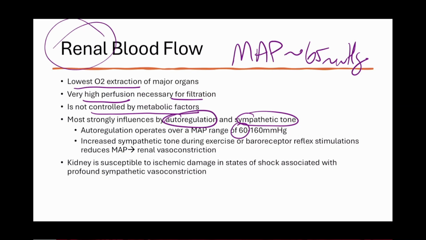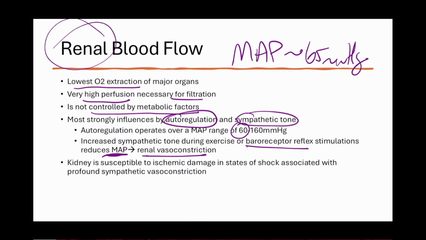Increased sympathetic tone during exercise or the baroreceptor reflex stimulation reduces MAP, which leads to renal vasoconstriction. Do you need your kidneys being perfused when you exercise? Nope. So we can shunt the blood away from the kidneys so we don't need to perfuse it because we're exercising. It can happen later on.